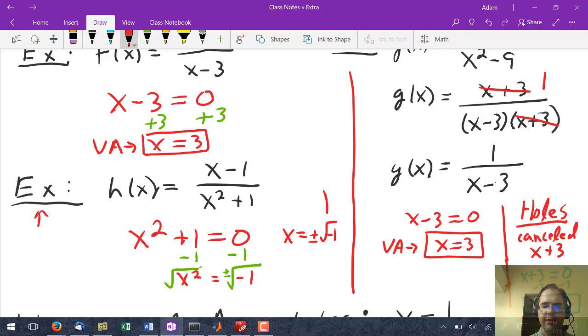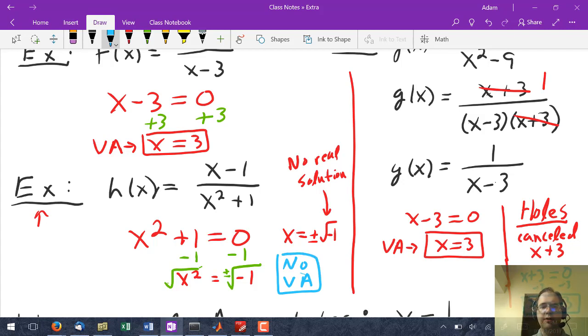This square root of a -1 gives us no real solution, because it's a square root of a negative number, and we can't find a real number that'll solve it for us. These situations go into something called imaginary numbers, which we don't have to worry about in this section. So if you ever see the square root of a negative number here, what it's telling you is that there's no vertical asymptotes to solve for.